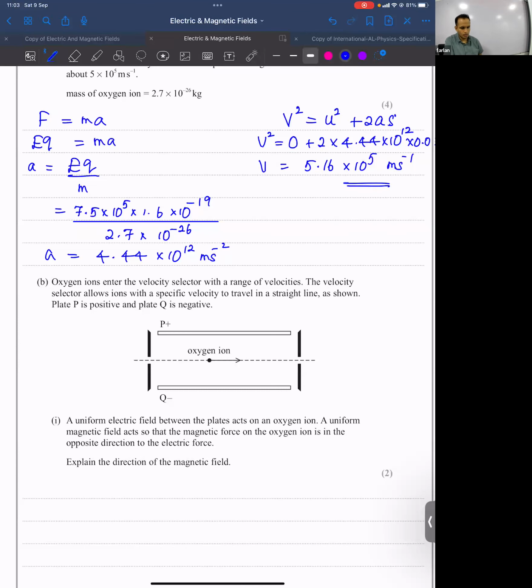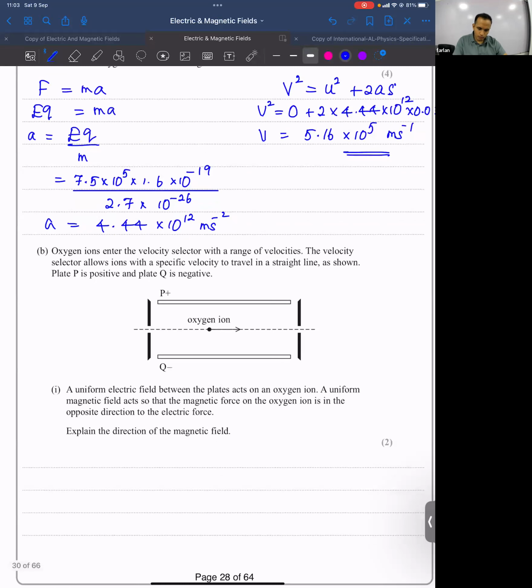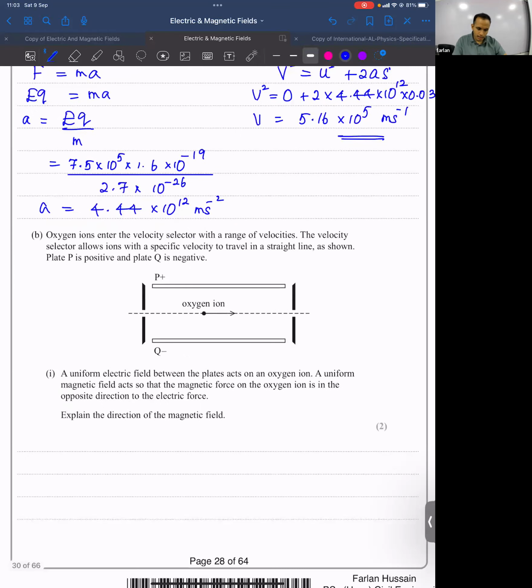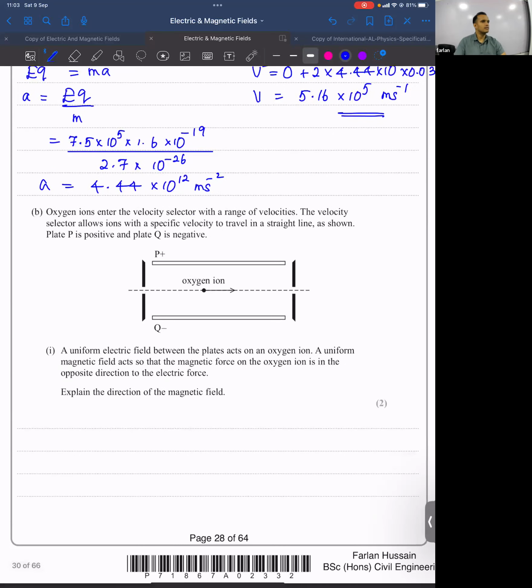Okay. Fine. The question is now, a uniform electric field between the plates acts on an oxygen ion. A uniform magnetic field acts so that the magnetic force on the oxygen ion is in the opposite direction to the electric field. Explain the direction of the magnetic field. I'll give you a minute, think about it.